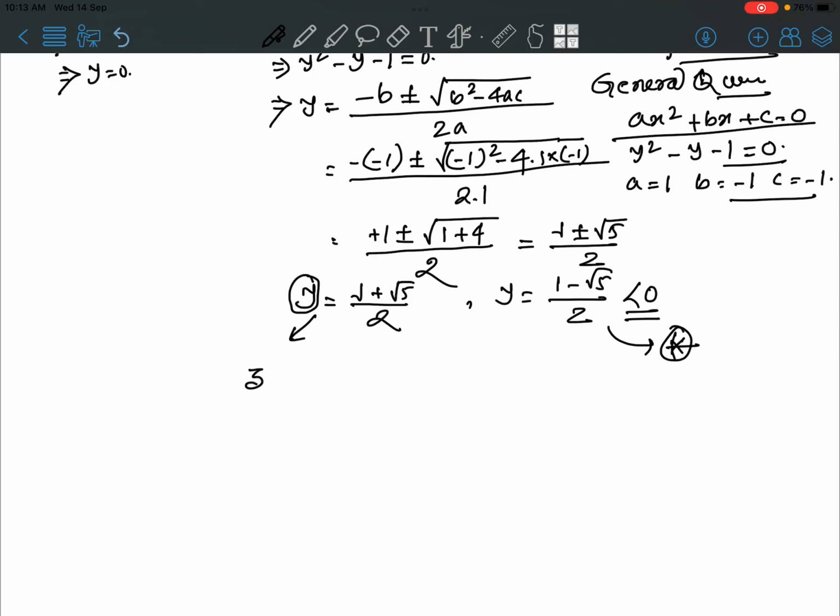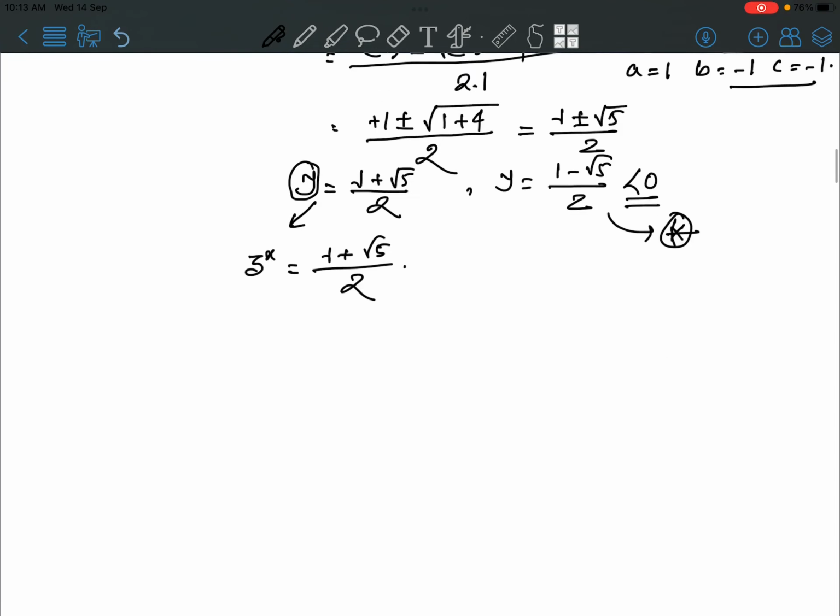We took y equals 3 to the power x, so 3 to the power x equals (1 plus root 5) divided by 2. To solve this problem, we are going to take the log on both sides, log base e: log e of 3 to the power x equals log e of (1 plus root 5) by 2.